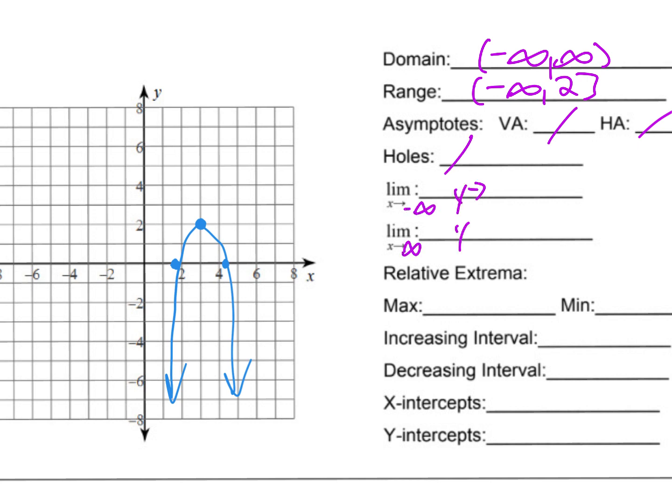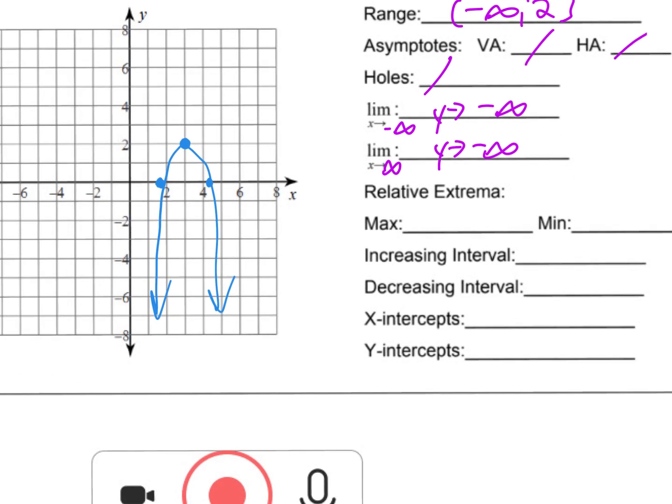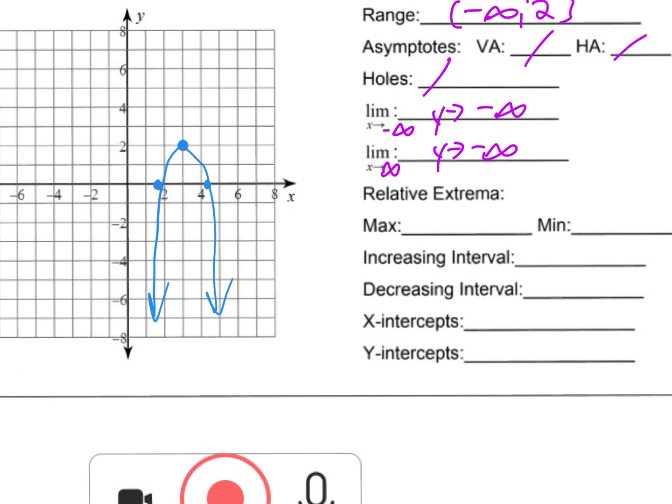As x goes to the left forever, what's y doing? Going down. And what about as x goes right? Same thing, okay. Does this have a max or a min point? It does have a max. What is it? 3, 2. No minimum. Okay. Increasing, decreasing.